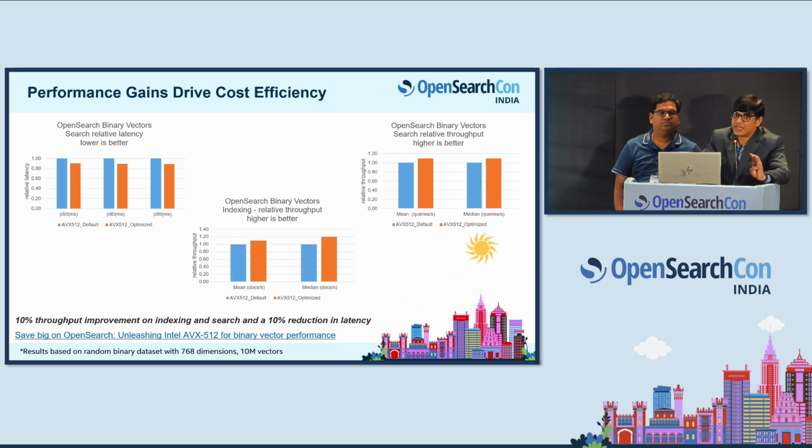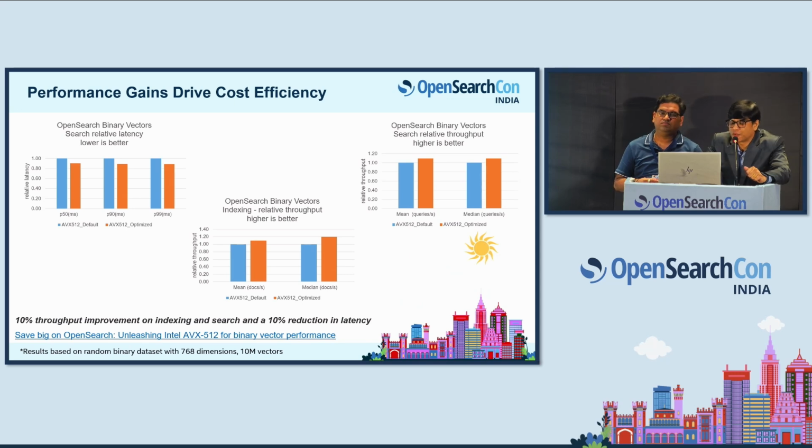One is indexing: when you index input data documents, how many documents you can index is the throughput. When you search, how many queries you can execute per second. And definitely the latency, which is how much time it takes to complete that particular transaction.